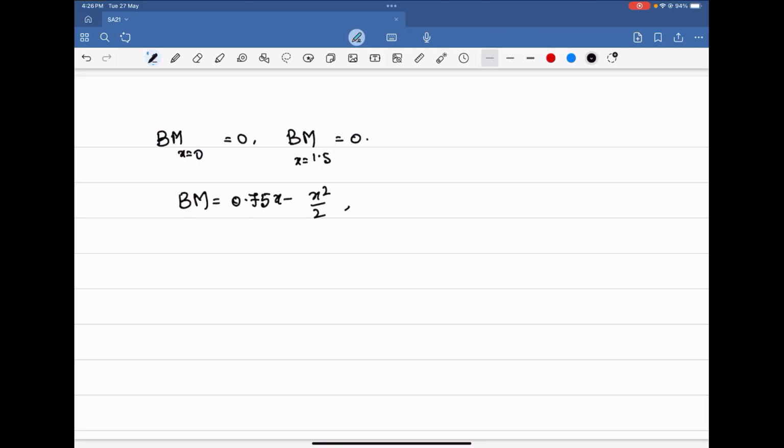Then for maximum, d by dx of bending moment is equal to 0. That means what is d by dx of this? d by dx of 0.75x minus x square by 2 is equal to 0.